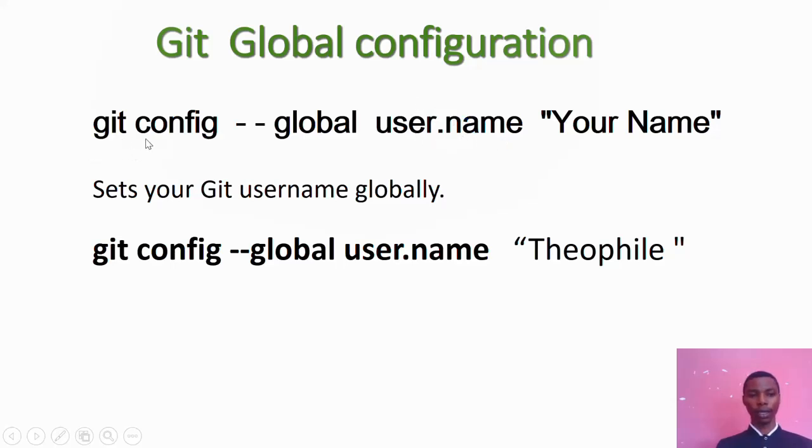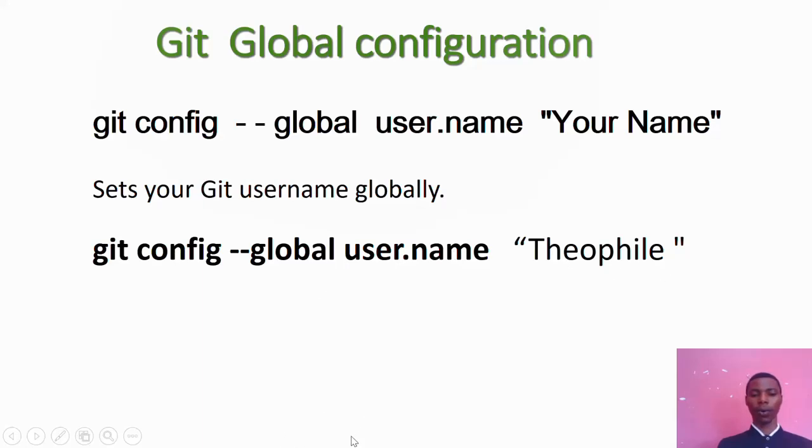You type git config --global user.name and put your name inside double quotes. This sets your Git username globally. So git config --global user.name, this is an example.